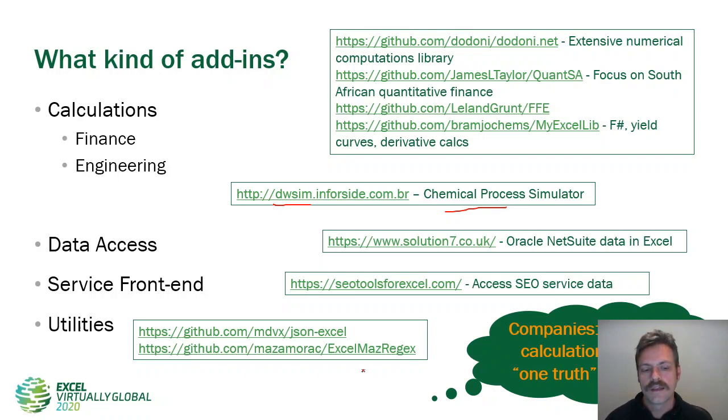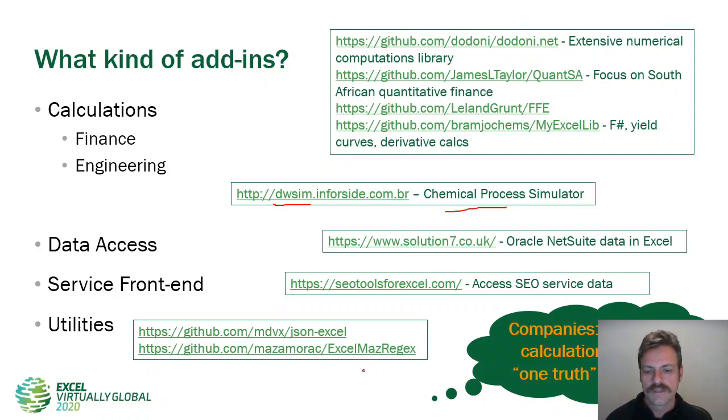Another important thing in companies is often to have one truth, or one true source of data, one true value of what they think the interest rate was at a particular date, and one source of estimates and projections into the future that can feed into all models that people build with Excel.